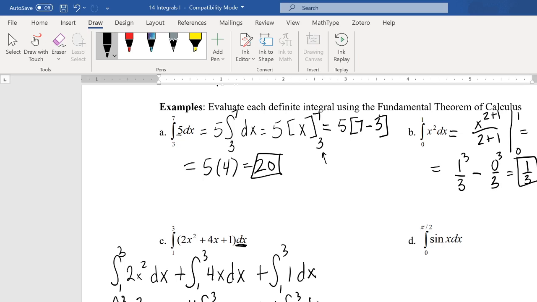Integral of x. So again, add 1 to the power. It's already the first power, so adding 1 becomes x squared all over 2. And then the integral of dx is just x.